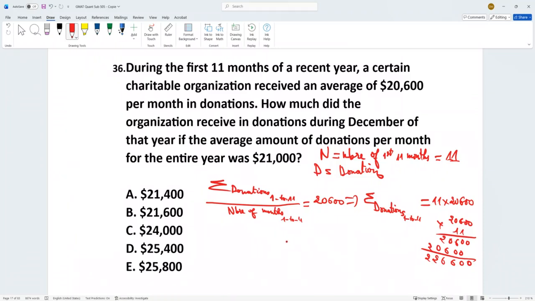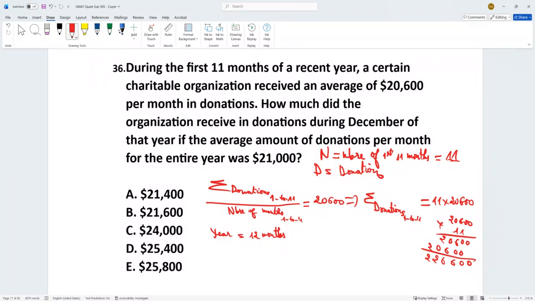Then it says, how much did the organization receive in donations during December of that year if the average amount of donations per month for the entire year was 21,000? We know that the year is equal to 12 months. We already have 11 months, so 1 month of donation was added, the month of December.